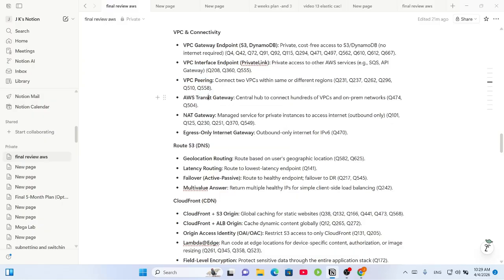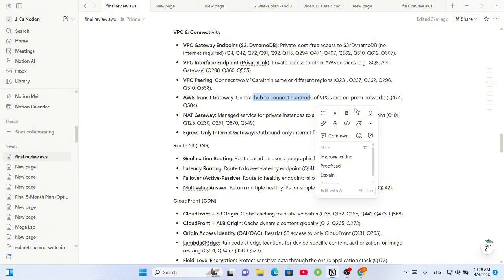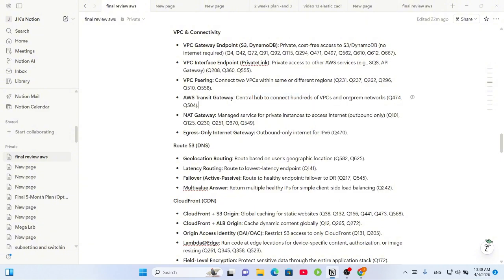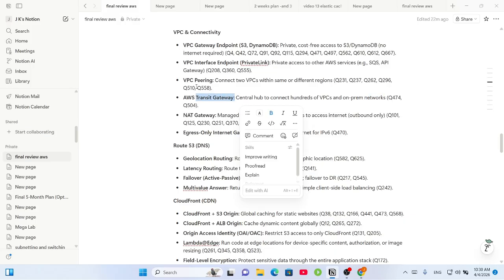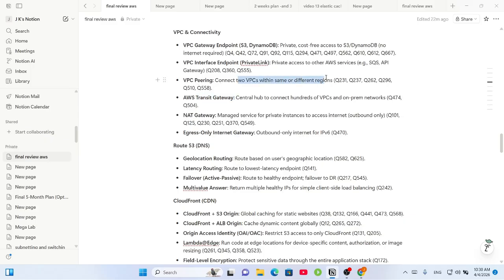Okay, AWS Transit Gateway, a central hub to connect hundreds of VPCs and on-premises networks. Transit Gateway is the same concept as VPC peering, just that VPC peering is only for two VPCs. That's it. It will work well for two VPCs.